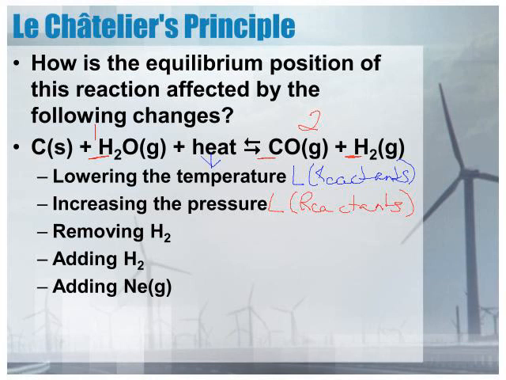Okay, if we are removing our hydrogen, meaning we are decreasing hydrogen, you're taking hydrogen out of the reaction. Well, the reaction has to replace that hydrogen that has been lost. Therefore, it's going to shift to the right, which means it's going towards your products.